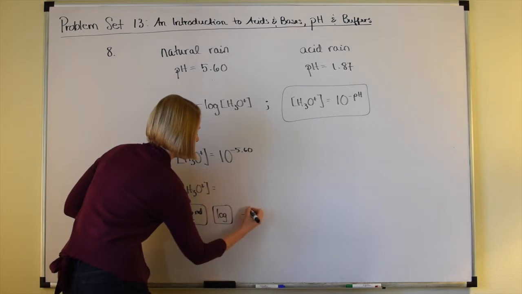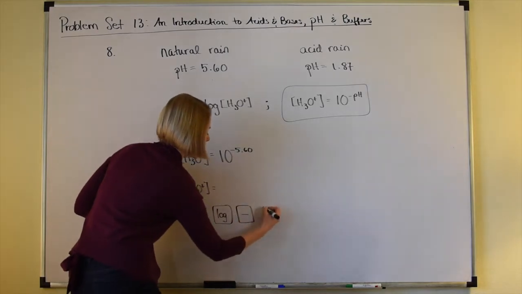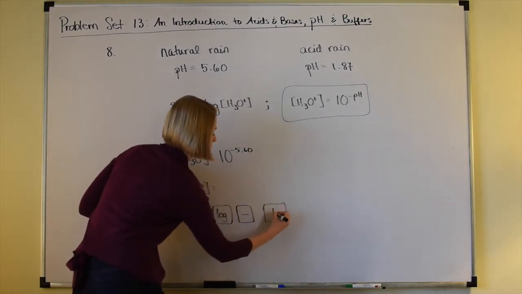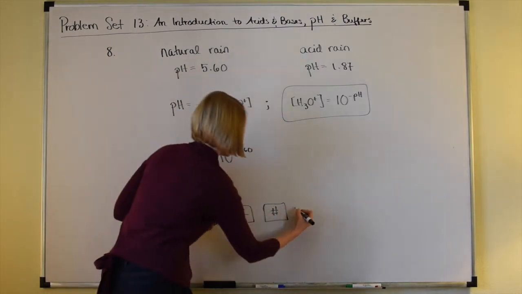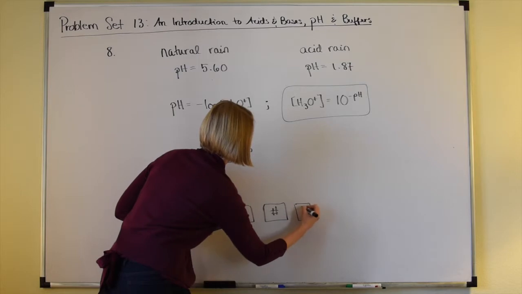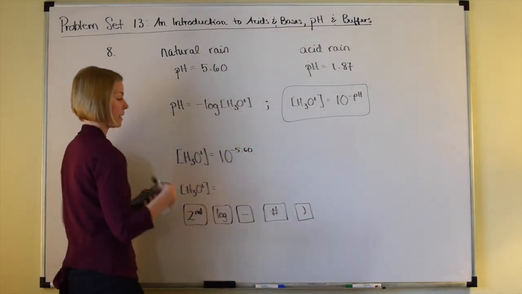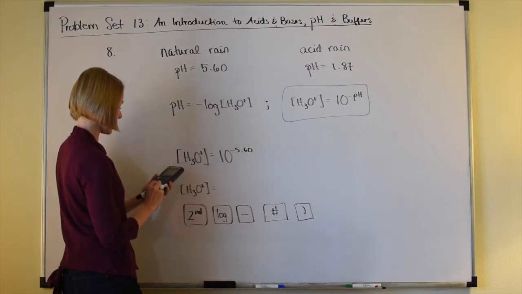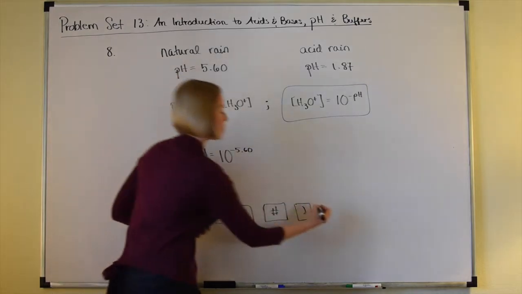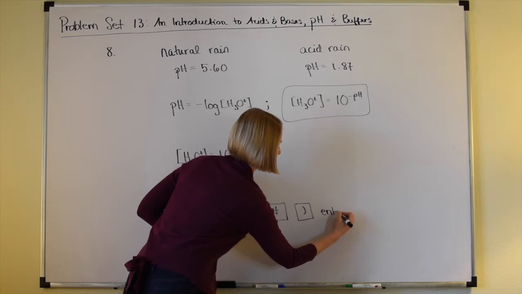So I'm going to push negative, and then my number, which is my 5.60, and then I'm going to close the bracket. It gave me the first bracket, but I have to close the bracket when I'm done putting in my number. So negative 5.6, close my bracket, and press enter.